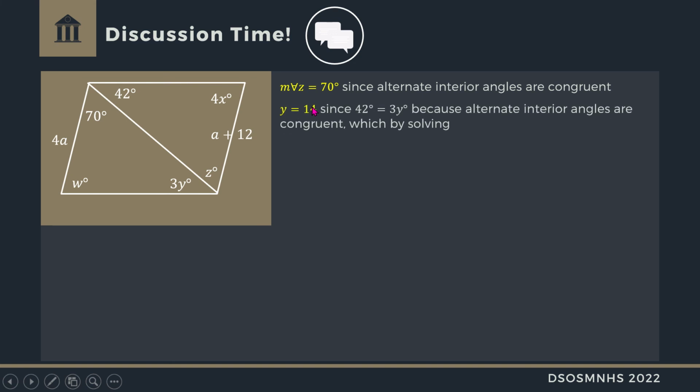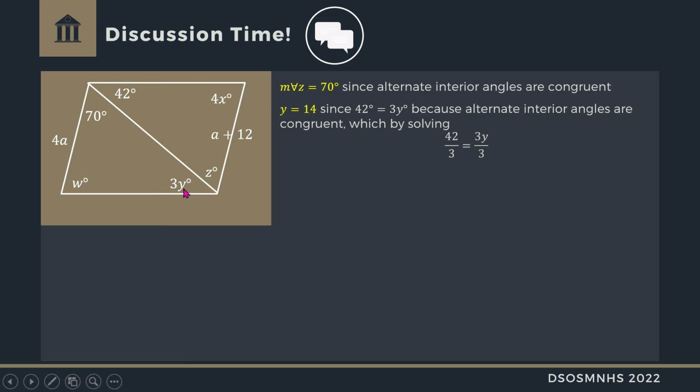Next, y is 14 degrees. Another alternate interior angles are 42 degrees, iyang kapareha nasa ubos 3y degrees. Since ang usa ka given angle is complete man in number, nya kaning pikas is napamay variable ng y, so we will solve for y. Because alternate interior angles are congruent, 42 degrees is equal to 3y degrees.